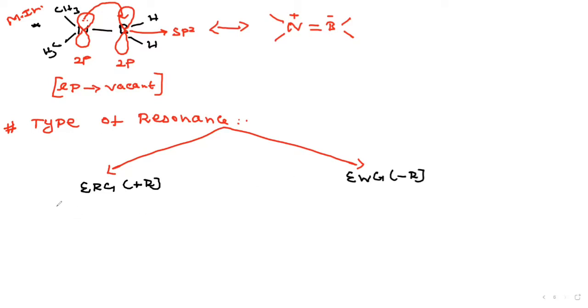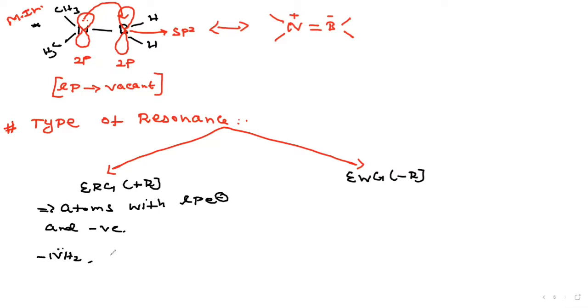Please note. What is an electron releasing group? The atoms with non-bonded electrons, lone pair electrons, and a negative charge. It should be what? Electron releasing group. For example, NH2 minus, NH2.